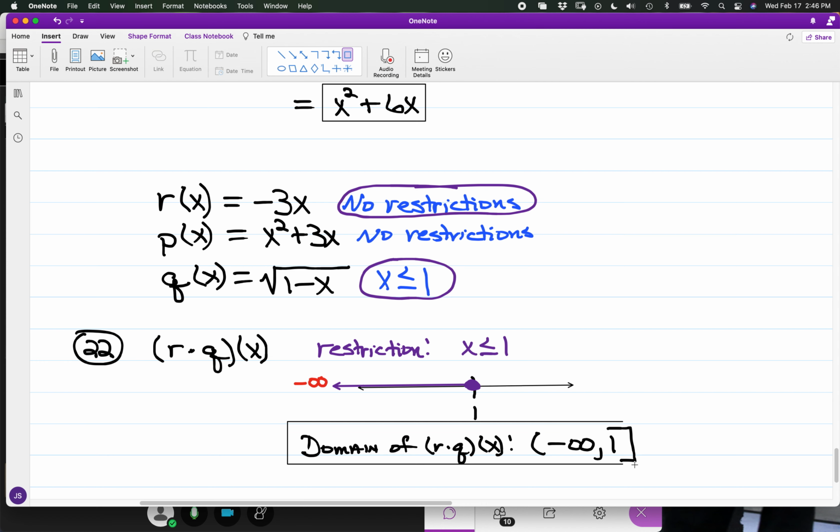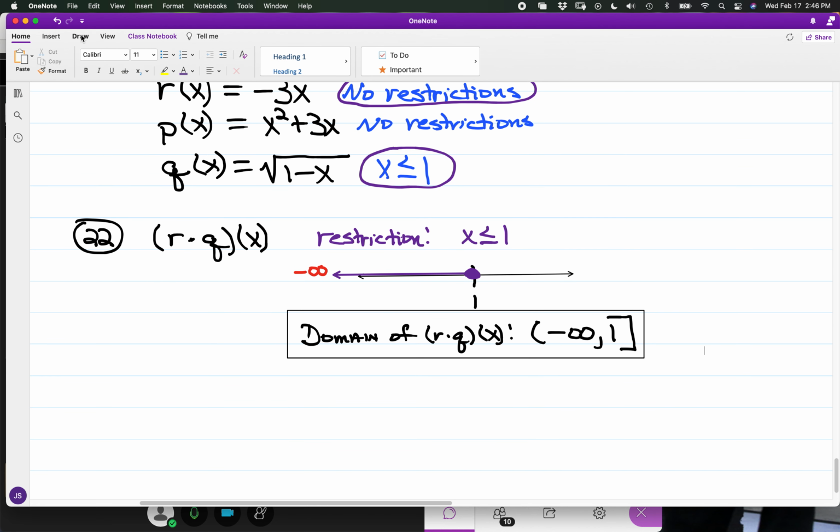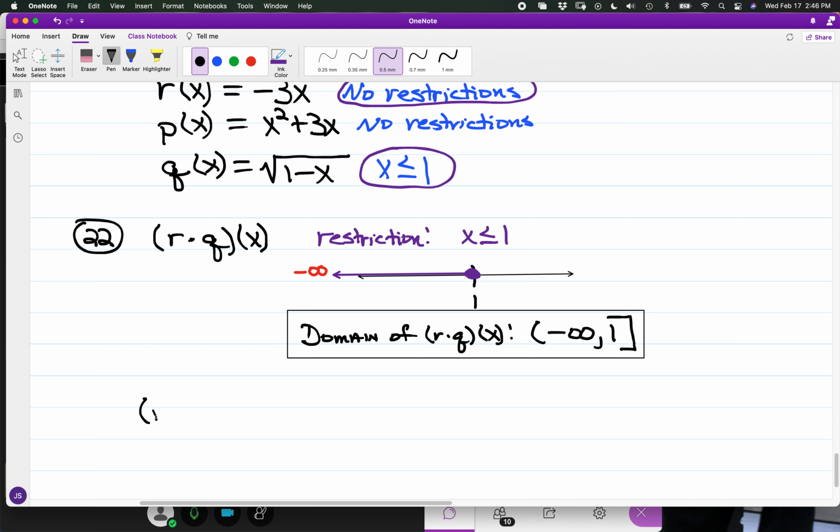Now for the results in multiplying out r and q of x, there's really nothing much to do here because we got r of x as a monomial term and q of x as a radical term.